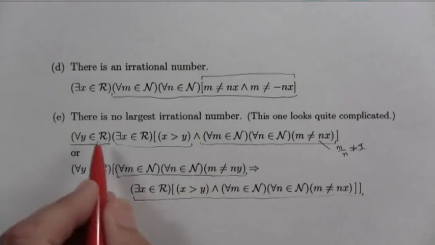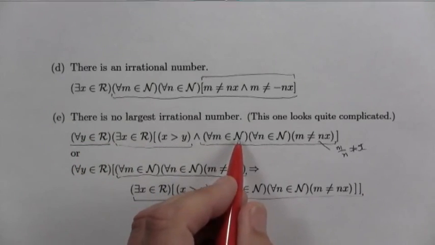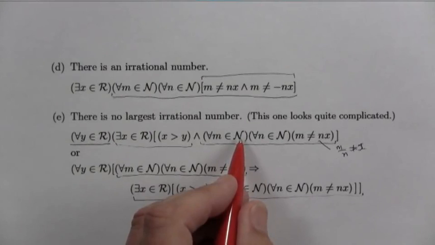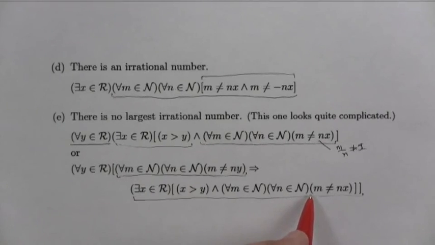So the difference is, in this one I simply said given any real number, there's a bigger number that's irrational. And in the second one I've said given any irrational number, there's a bigger number that's irrational.